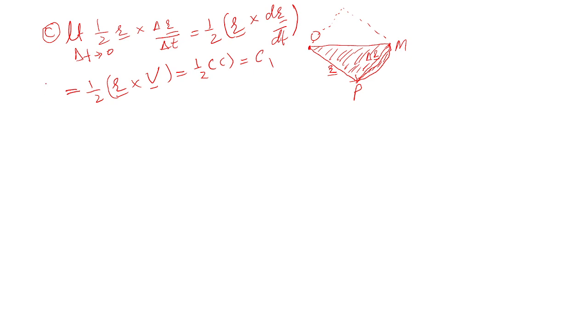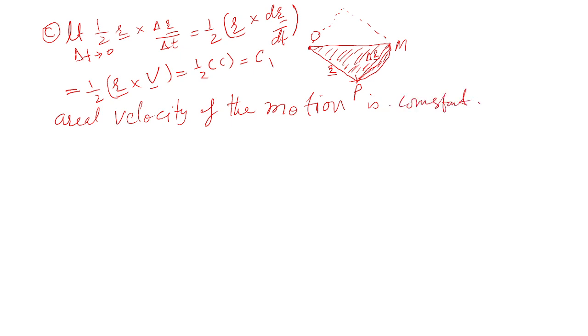So areal velocity is constant. I am writing over here: areal velocity of the motion is constant.